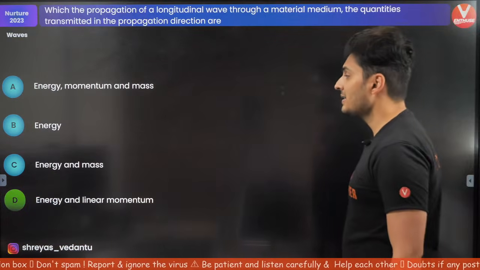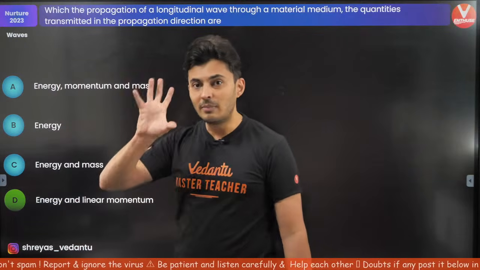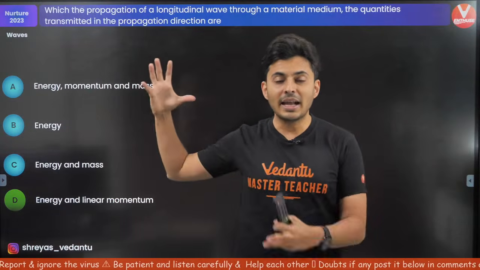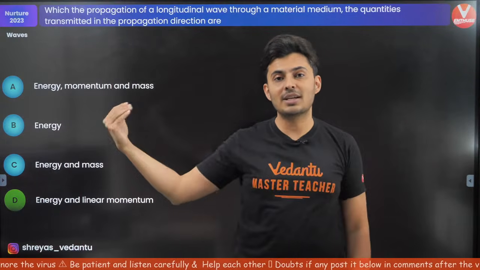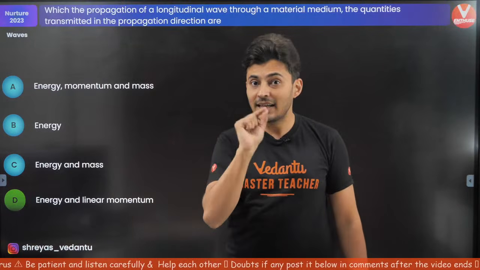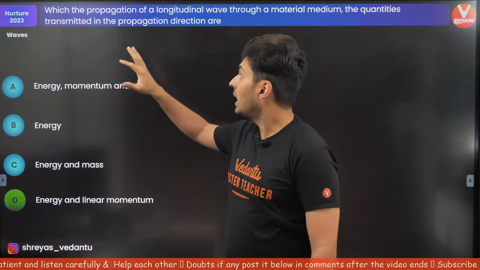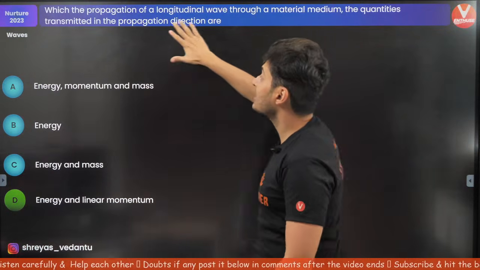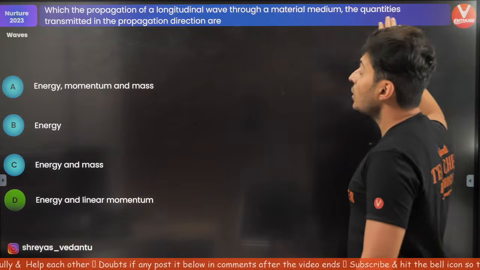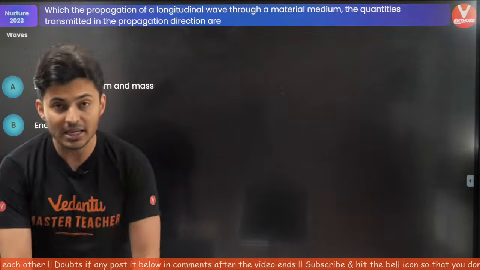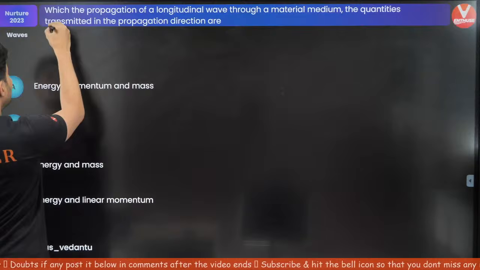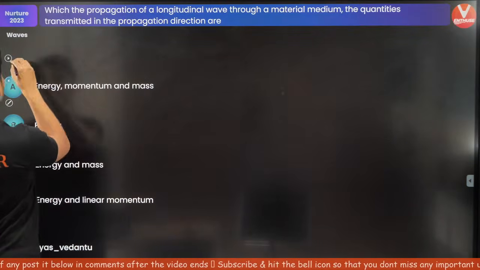Longitudinal. Guys, it can't be mass. The mass never actually moves in the direction of the wave. Yes, there is motion, but understand, it is not transmitted. Understand the meaning of the word transmitted. Many students will make a mistake here.